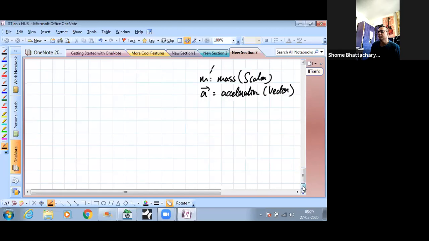So what happens when we multiply a vector by a scalar? If we have a general equation like this, that the vector b is equal to n times the vector a, where n is a scalar, then there are two cases.